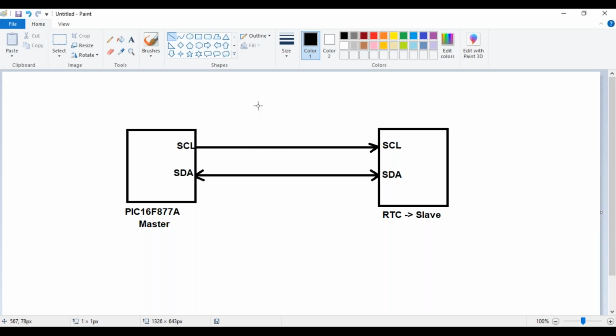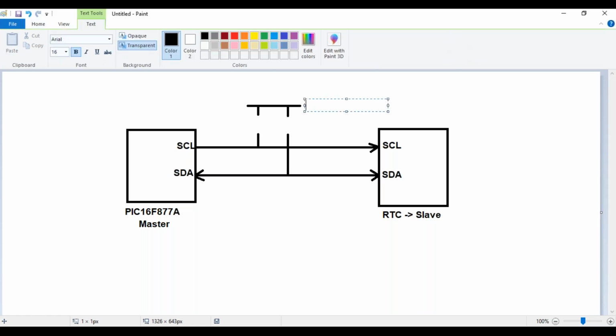I have to add a pull-up circuit, and that is required for the SCL line also. So I'm adding two pull-up circuits for the SDA and the SCL line. This is VDD.